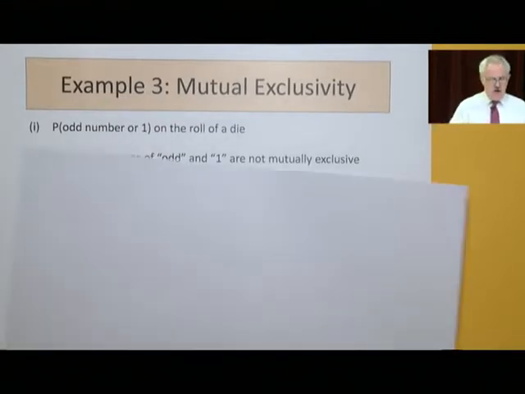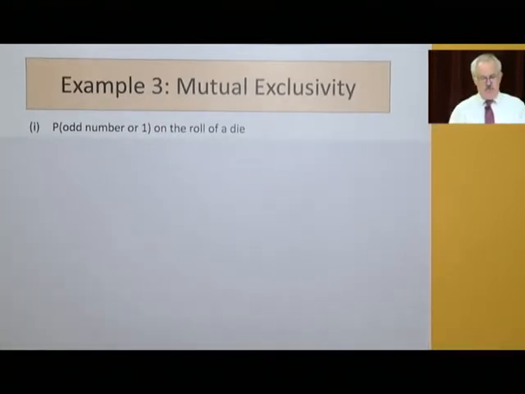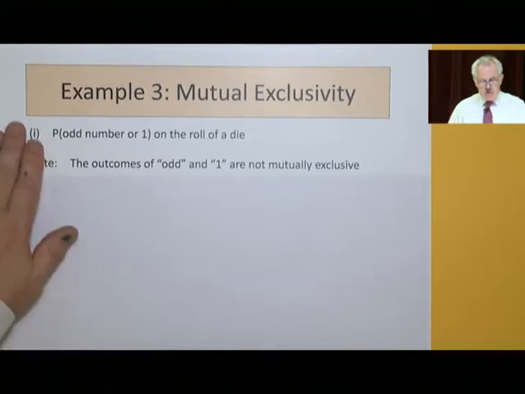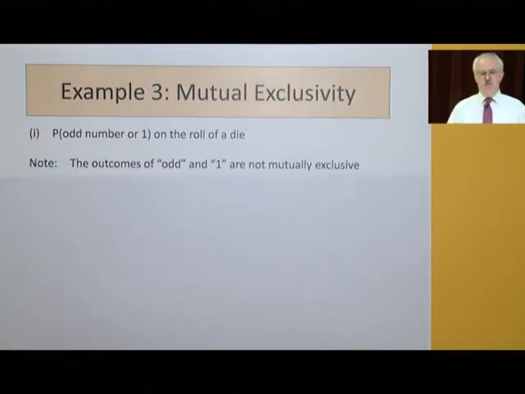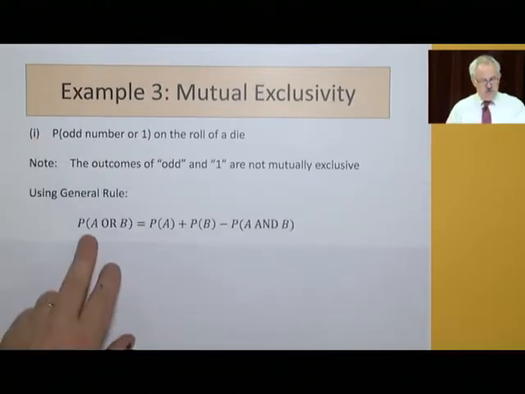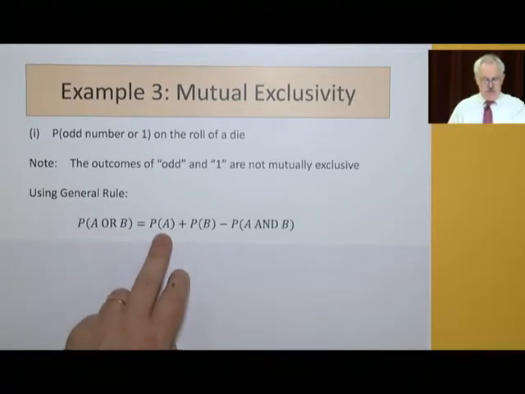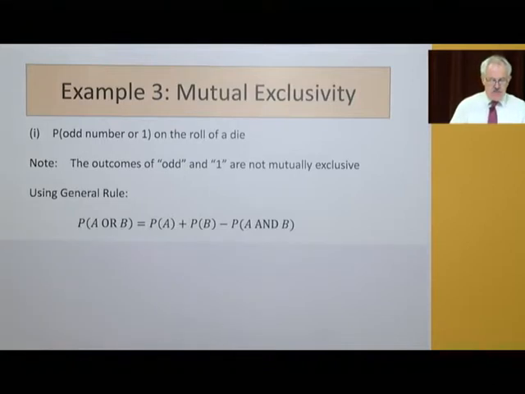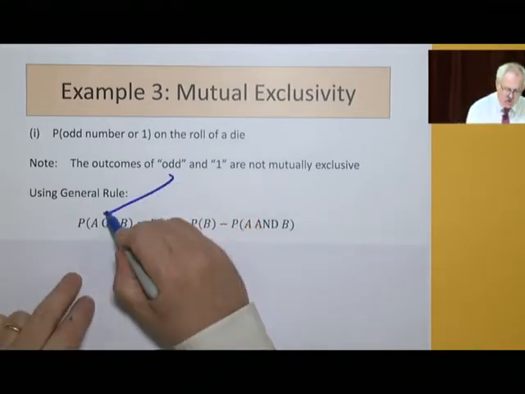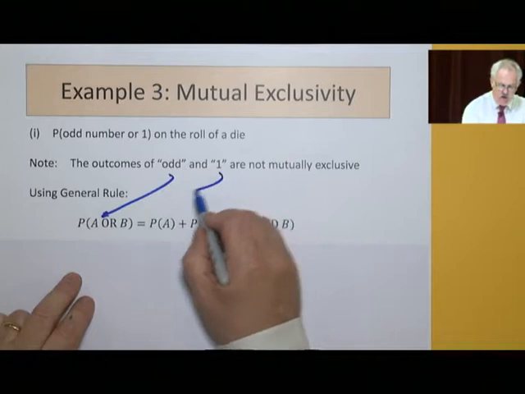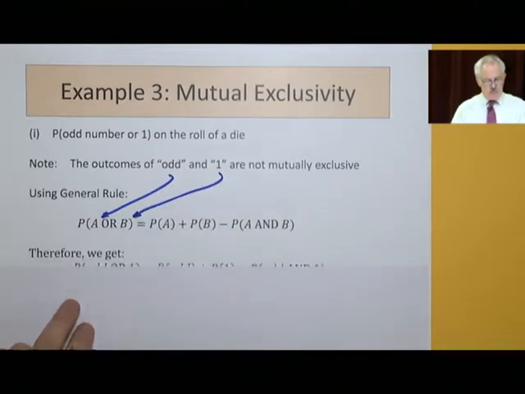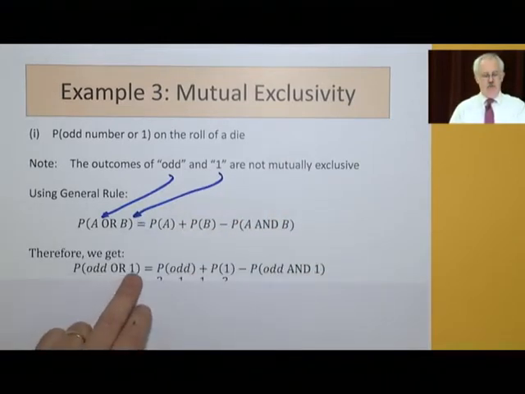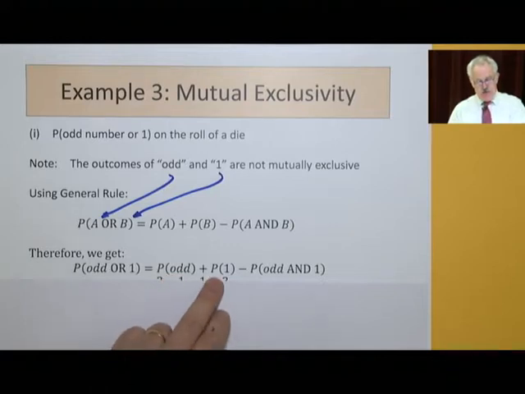We do the same for the odd numbers, P(odd or 1), and we say the outcomes here are not mutually exclusive. We use the general rule, P(A or B) is P(A) plus P(B) minus P(A and B). Again, we're using the word odd for A and 1 for B. So P(odd or 1) is P(odd) plus P(1) minus P(odd and 1).